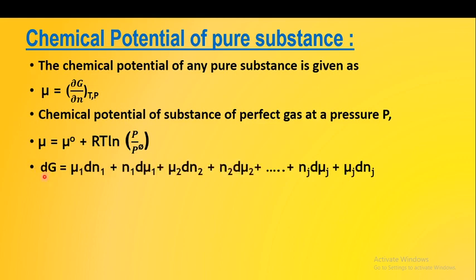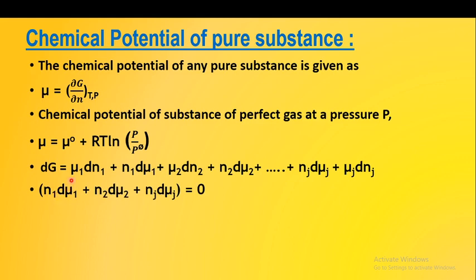Therefore, we can write dG is equal to mu1 dn1 plus n1 d mu1 plus mu2 dn2 plus n2 d mu2 up to nj d muj plus muj dnj. This means for different states, the chemical potential changes for state one and state two, and the number of moles also changes for the first state and second state. The equation for changing Gibbs free energy is written like this.